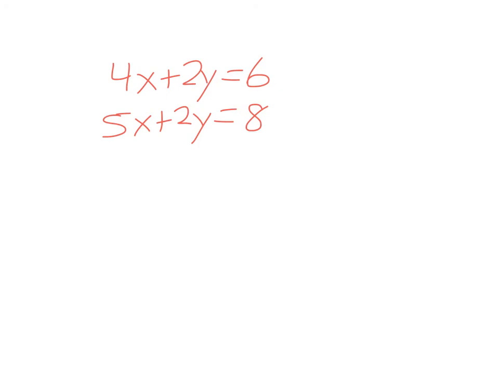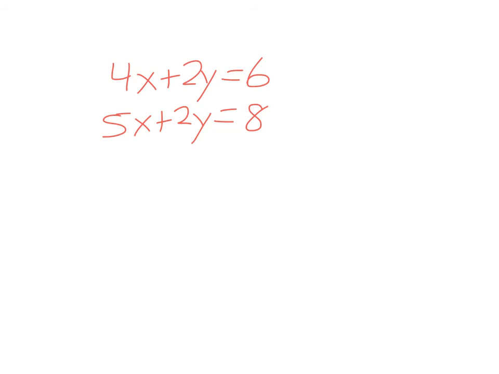But if I add these two equations together, I would get 9x plus 2y and 2y is 4y. That doesn't help me much, does it? So let's undo that for a second, because adding those two together doesn't eliminate one of the variables. And that's the whole point, to eliminate one of the variables.